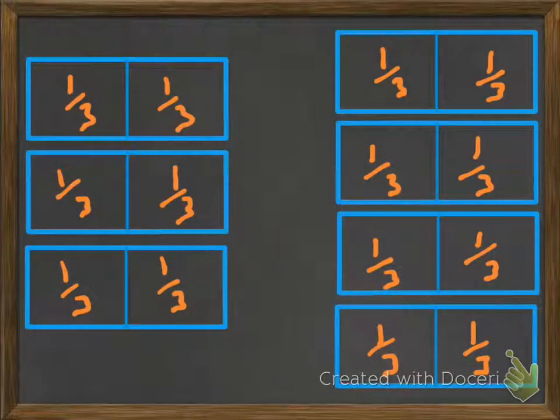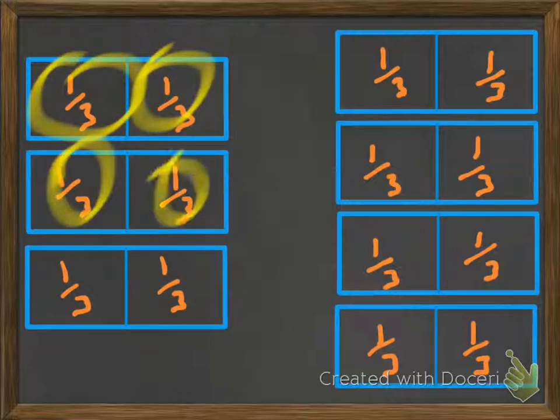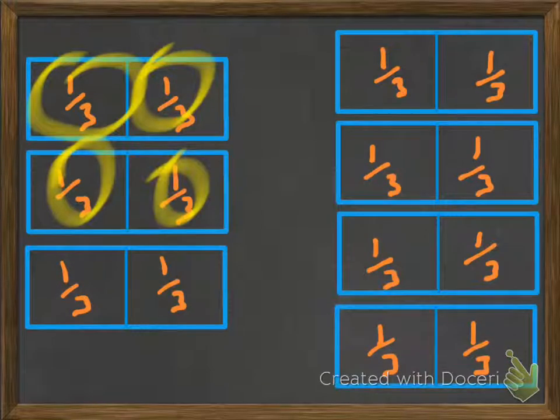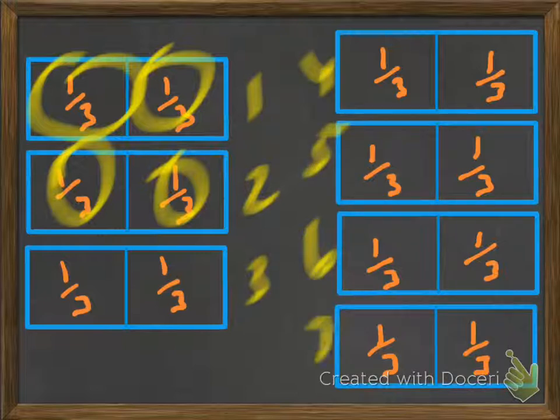And again, we can look at it as a picture. So this is 2/3. This is 2/3, 2/3. And again, we know that 2/3 each day. So this is day 1, day 2, day 3, day 4, day 5, day 6, day 7. And if we counted them all up, there's 1, 2, 3, 4, 5, 6, 7, 8, 9, 10, 11, 12, 13, 14.